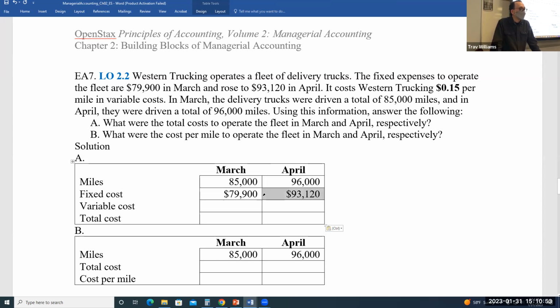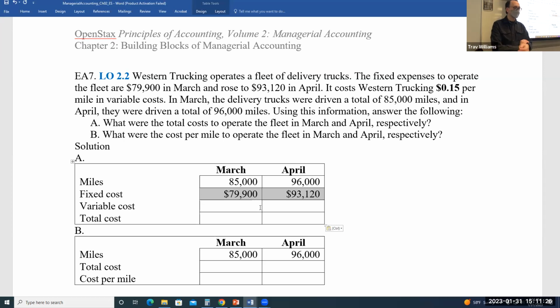So let's finish A and figure out the total costs. We know the fixed portion, we need to figure out variable, right? So how do we figure out the total variable cost for March? $0.15 a mile.